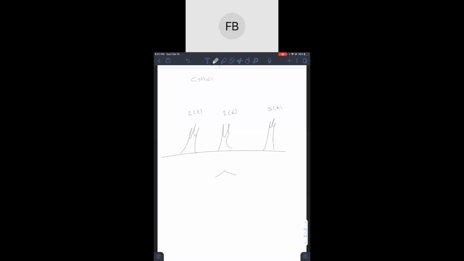Wait, let me take that back for a second. It doesn't have 6 beta hydrogens; it has 5 beta hydrogens, because it's r minus 1. So that's 5H. The one on the left would have 2H, and so would the one that's furthest right. No, one is 3. Oh, you mean beta hydrogens? Yes, beta hydrogens. Okay.